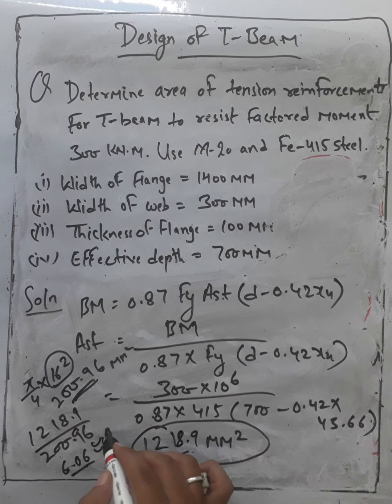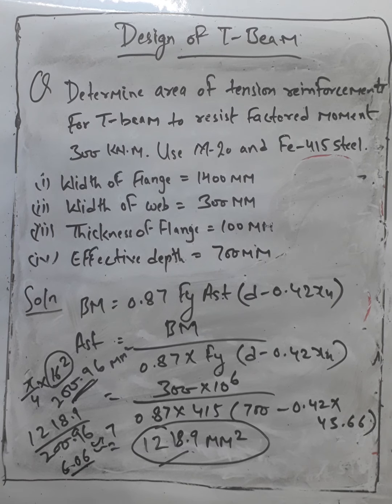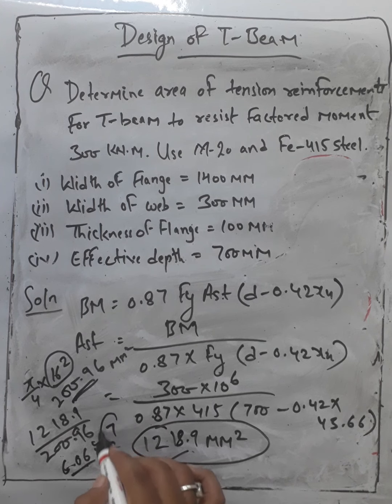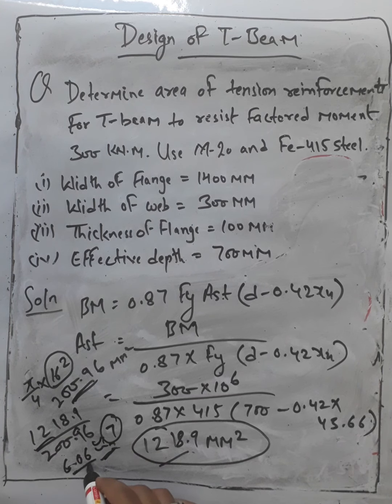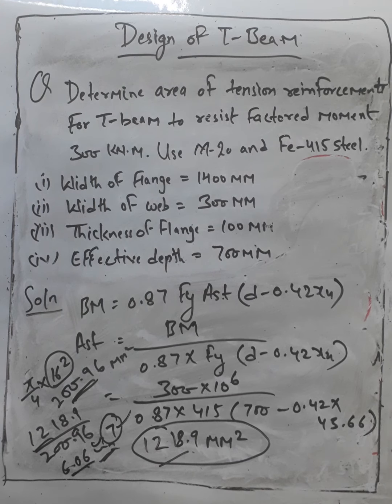So you take 7 bars here. For providing these 7 bars, we have to calculate the area again, because the area increases.